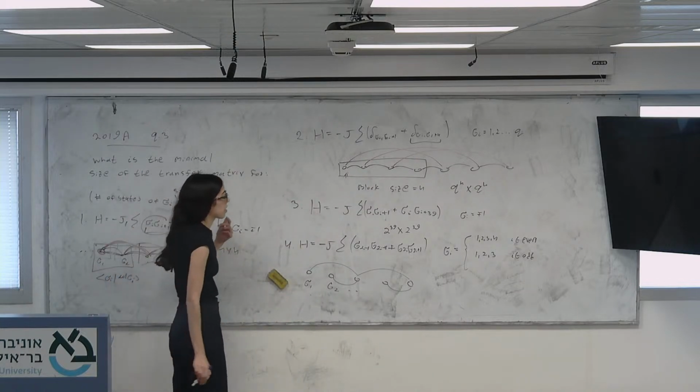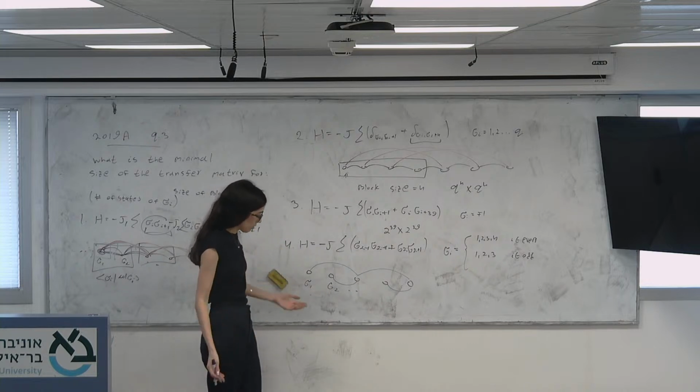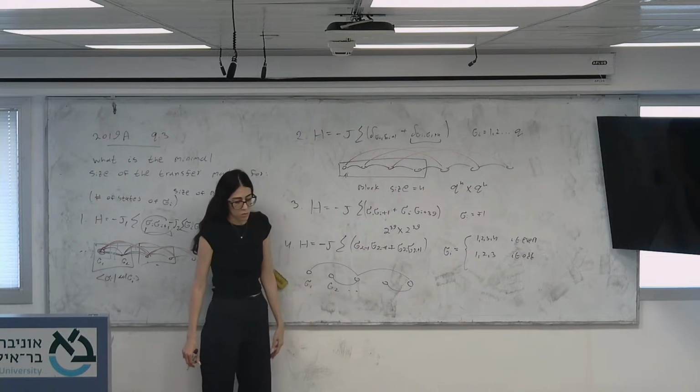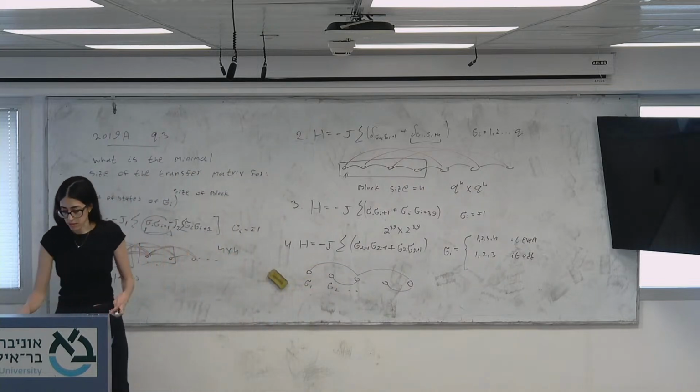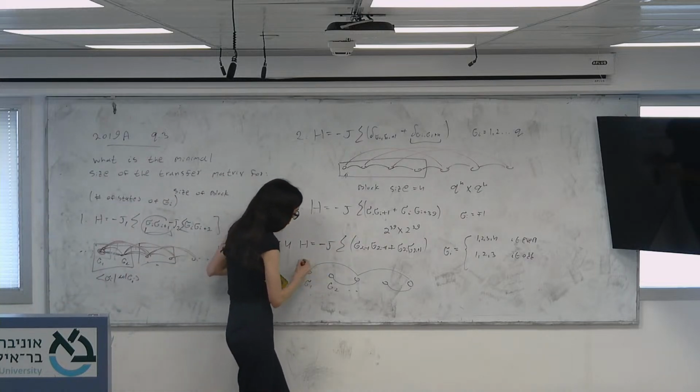So you have interaction between all of the odd spins, and interaction between the even and the odd spins. So now the size of one block has to include those two.